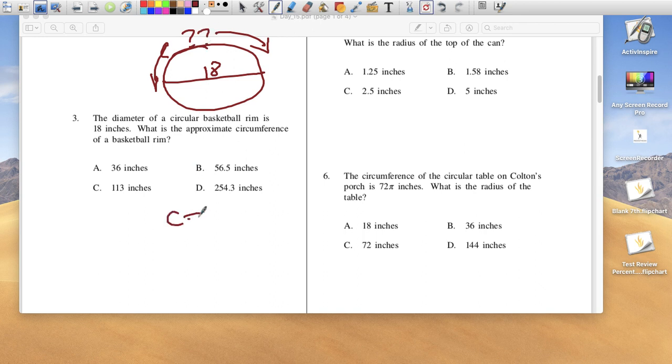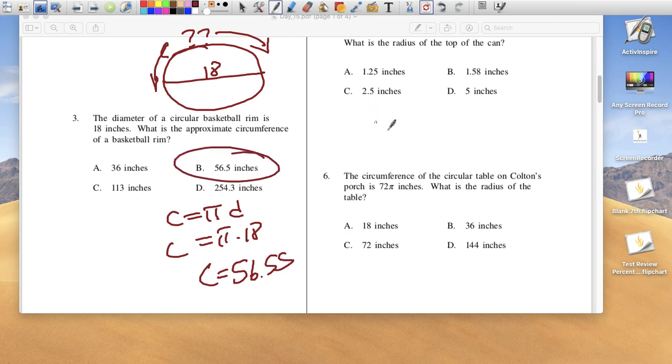C equals pi d. So pi times 18. Oh, this one's super easy. 18 times pi gives us 56 point something, 56.55 rounded, or in this case, this one.